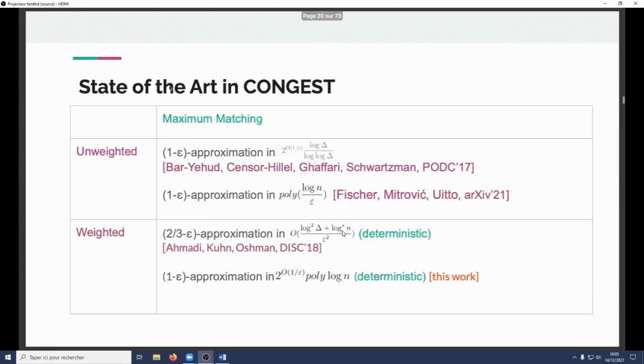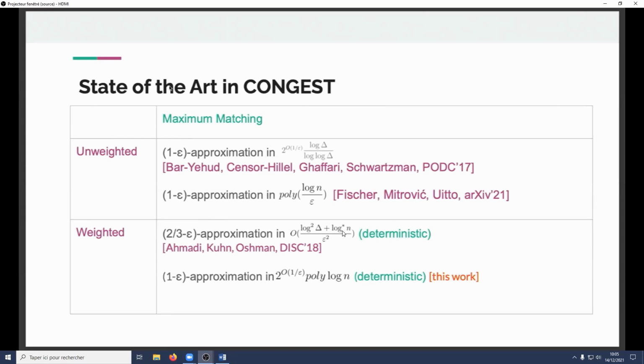All right, now let's take a look at the state of the art in the case of matching. Here, for unweighted graphs, we have a 1 minus epsilon approximation, which has a runtime exponential in 1 over epsilon times some log delta factor.